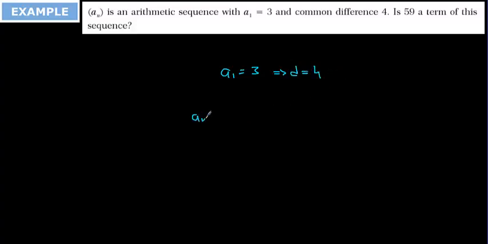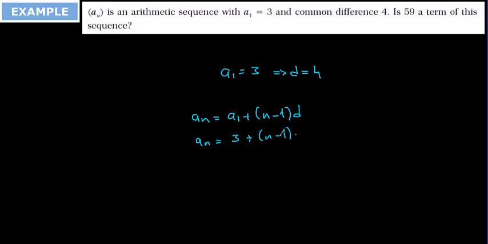It means that an is going to be equal to a1 plus n minus 1 times d. And if I apply the formula, an is equal to 3 plus n minus 1 times 4. a1 is equal to 3. The common difference is 4.